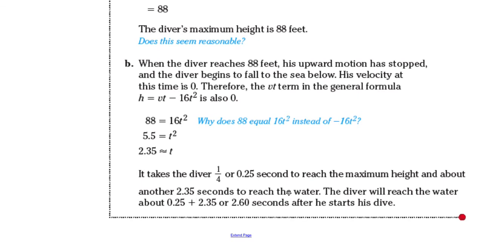The diver will reach the water about 0.25 plus 2.35, or 2.6 seconds after he starts his dive. And that is how we use the zero product property in these cases.